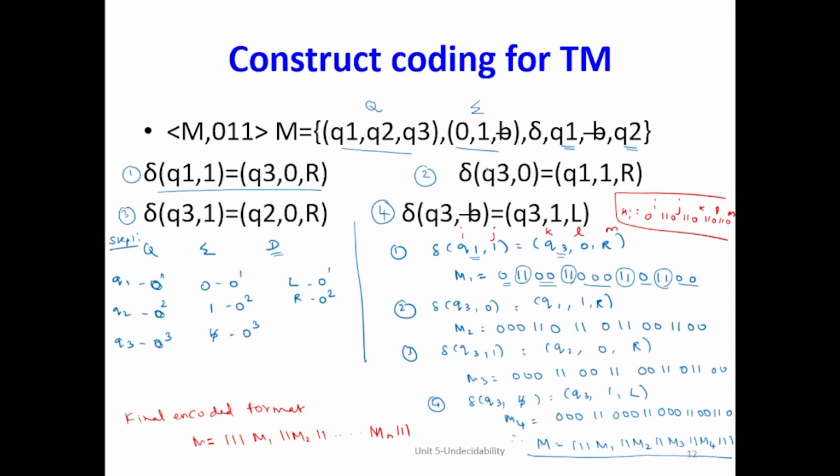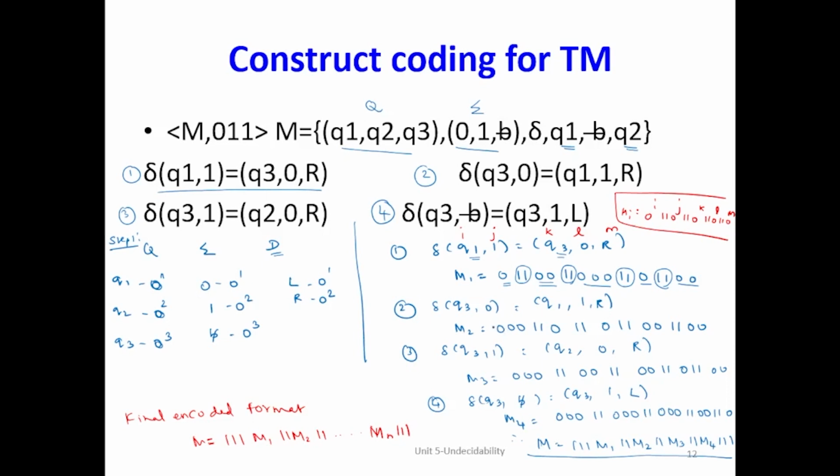Like that, I want to take the second transition function, that means delta of Q3 0 equal to Q1 1 R. So same thing, it is I, J, K, L, M. Generalized notation is 0 power I, double 1, 0 power J, double 1, 0 power K, double 1, 0 power L, double 1, 0 power M. Then these I, J, K, L, M zeros are referred from step 1.